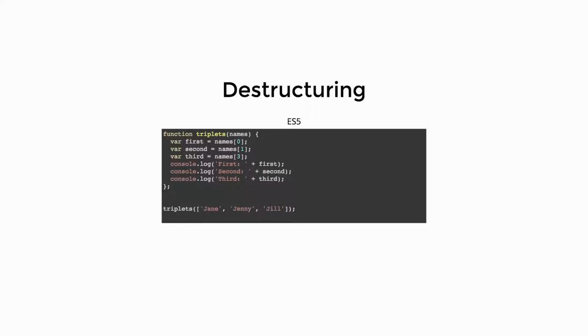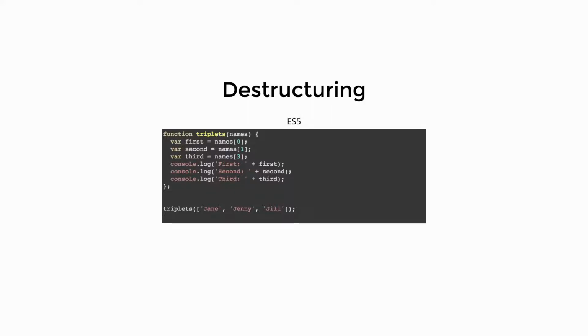Destructuring. It's one of my favorites. You guys might be familiar with this now from PHP, but it's some wonderful stuff that has not been in JavaScript yet. So here we've got some triplets. We're just printing out their names, and we're passing them in as an array.